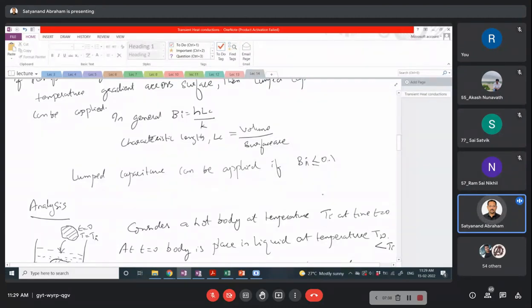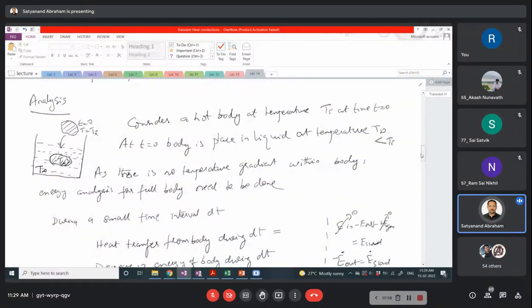Or if you just want a rough calculation, you can take Biot number less than 1 itself. But usually we assume Biot number less than 0.1 for the lumped capacitance method.